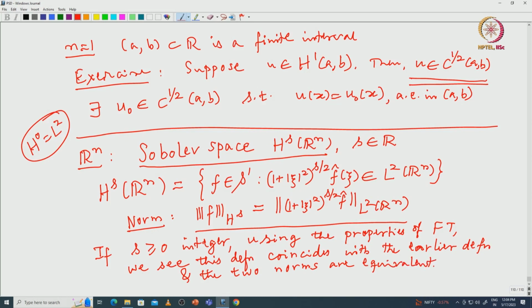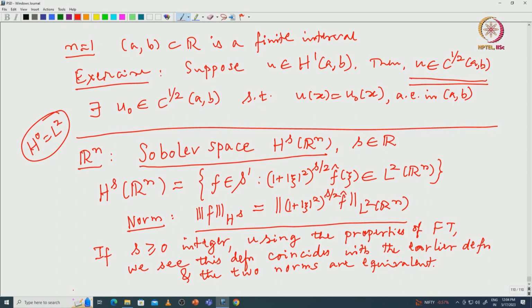So, even when you are working in a bounded domain or a domain which is not R^n, if we can extend a function in a certain Sobolev class to the whole of R^n, we can make powerful use of this Fourier transform and then go back.